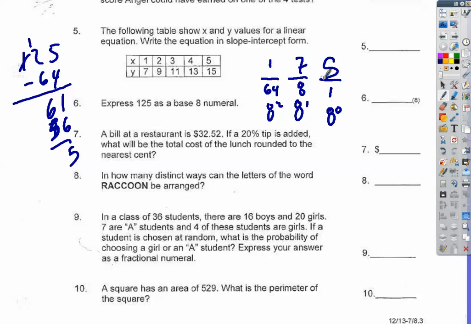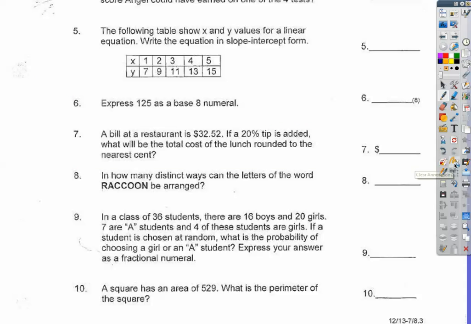Cool. All right. A bill at a restaurant is $32.52. If 20% tip is added, what will the total cost of lunch be, rounded to the nearest cent? So here's the fun thing about the 20% tip. If I move the decimal place over, that's going to be 10%. So 10% is going to be $3.25, well, 3.2 cents, right?